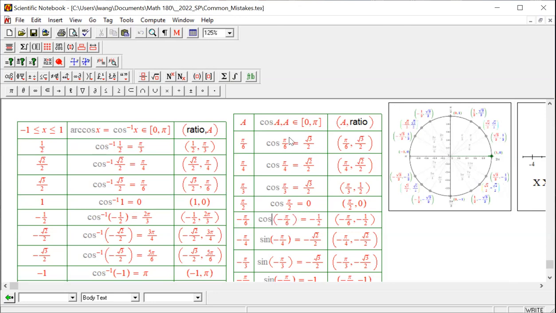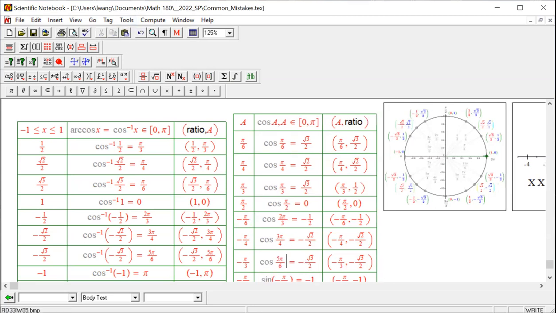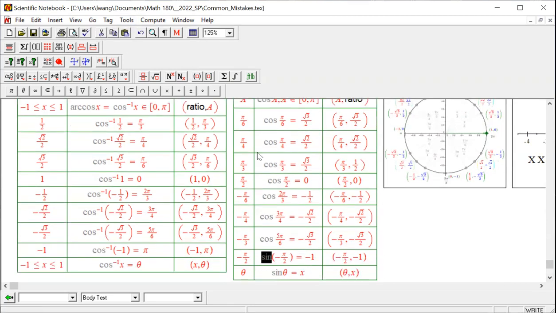Now cosine 2 pi over 3 is negative half. Cosine 3 pi over 4 is going to be negative root 2 over 2. And cosine 5 pi over 6 is negative root 3 over 2, and finally cosine pi equals negative 1.